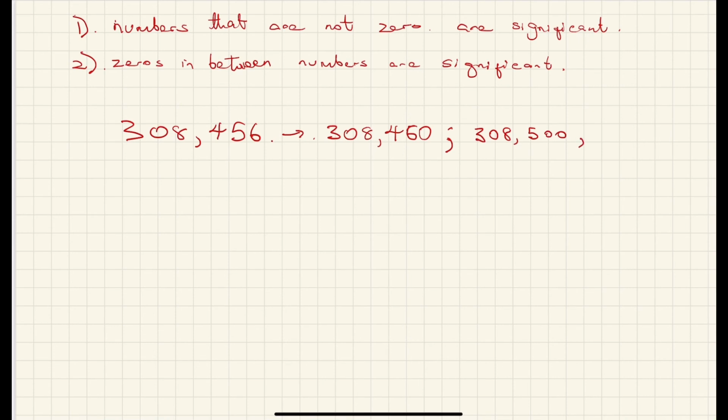This is another round number. Oh, sorry, that's a mistake. This is another round number. This is another round number. And finally, this is another number.